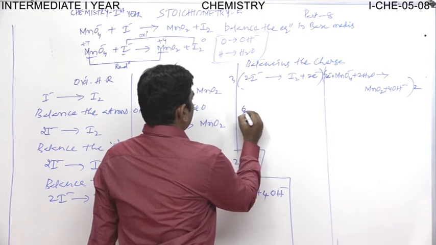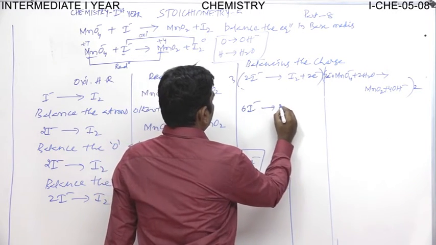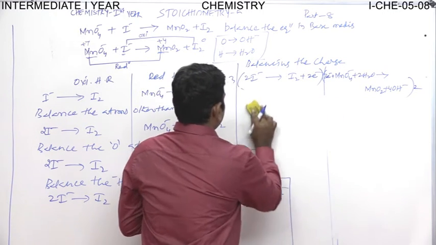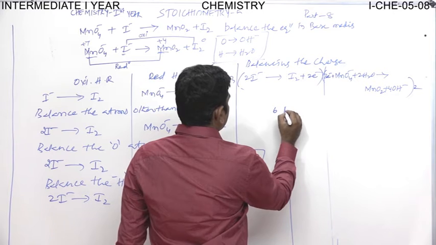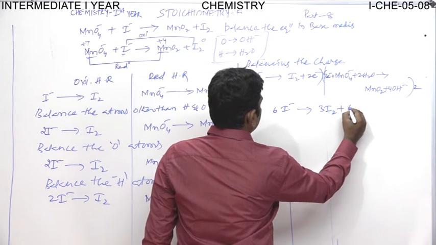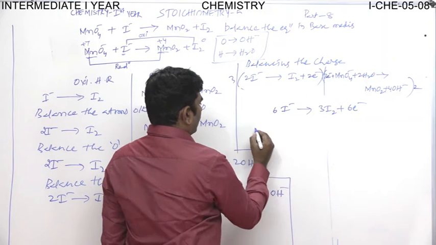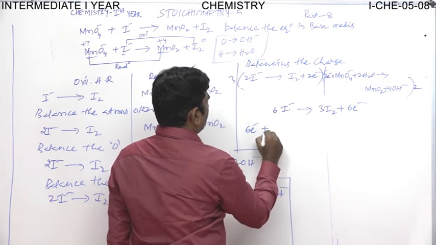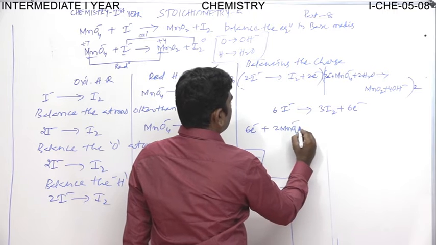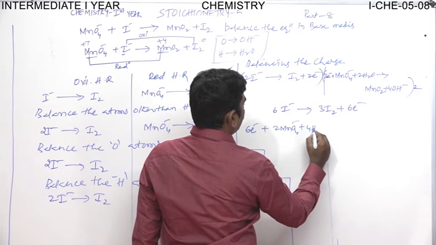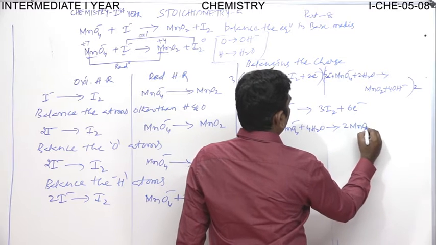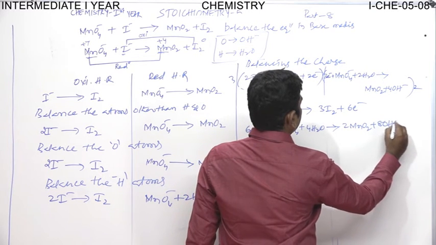Now the answer is 6I minus will give 3I2 plus 6 electrons. There, 6 electrons plus 2 MnO4 minus plus 4 H2O will give 2 MnO2 plus 8 OH minus.